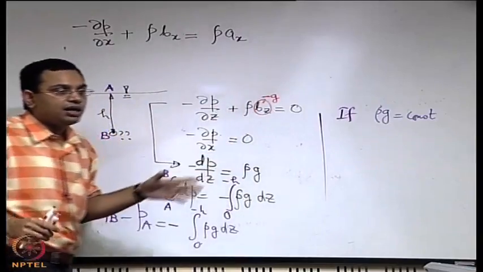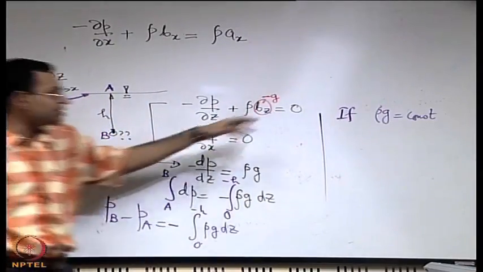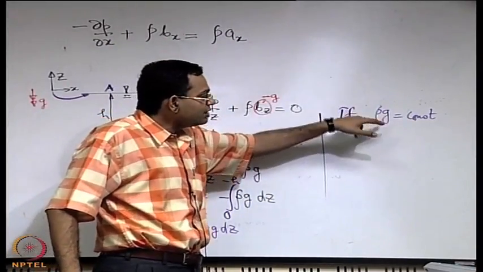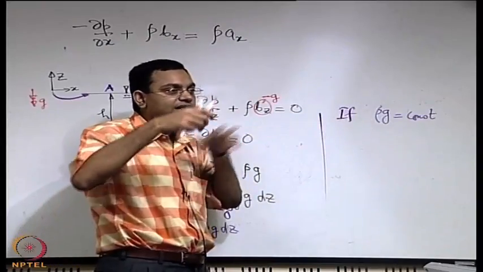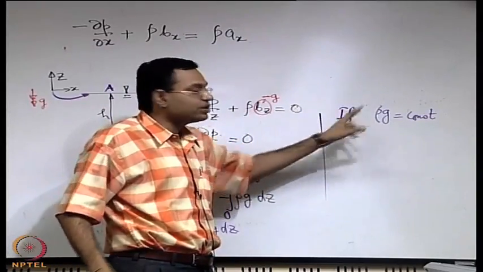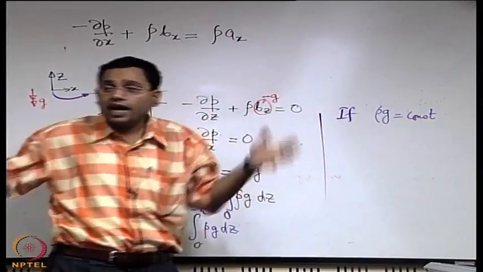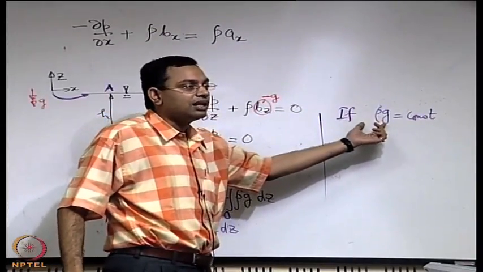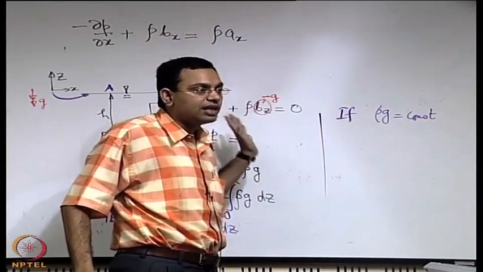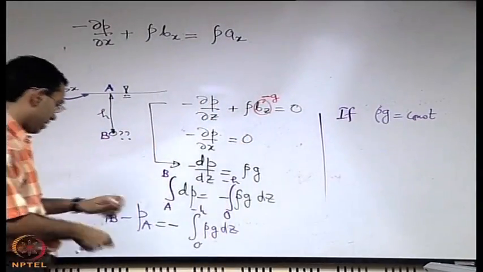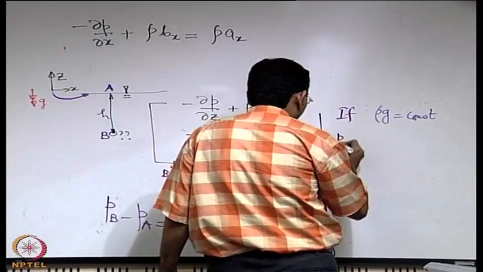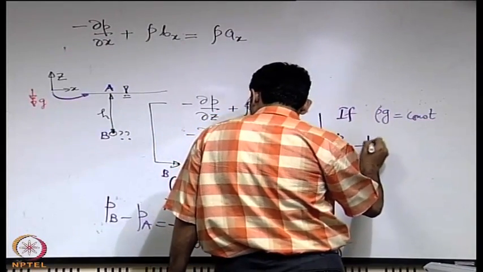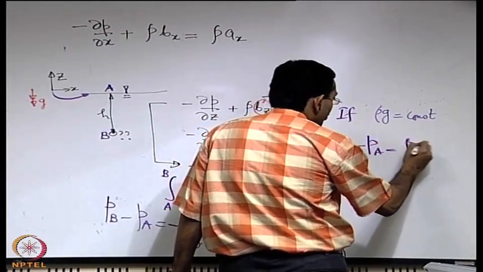So maybe a mathematician's way of looking at it is that rho varies in a particular way, g varies in a particular way, but those variation effects get cancelled out somehow, so that rho into g is a constant. Maybe very hypothetical, but for our case, bringing it out of the integral, the product being a constant, will serve our purpose. Then you have Pb minus Pa is equal to rho gh.